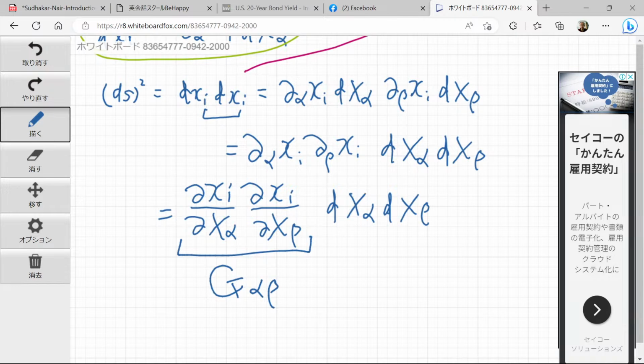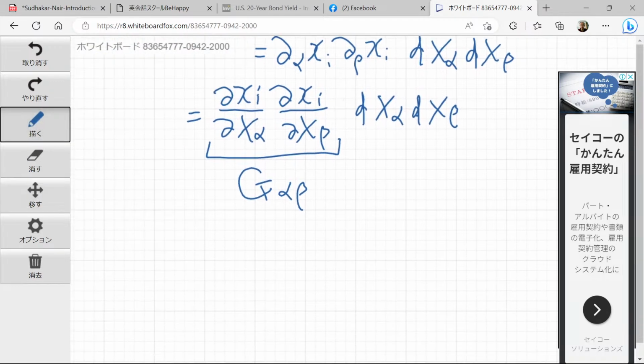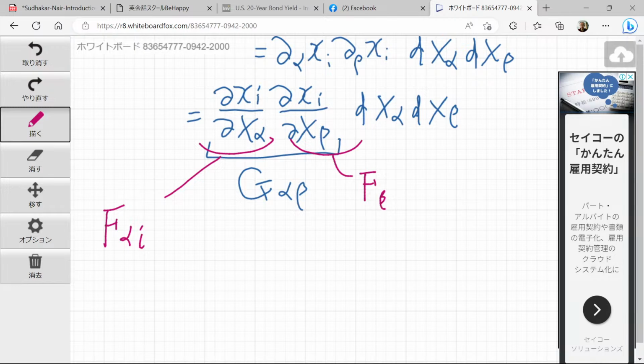Is it clear? I think it's clear. And this one is called F alpha i, and this one is called F beta i.